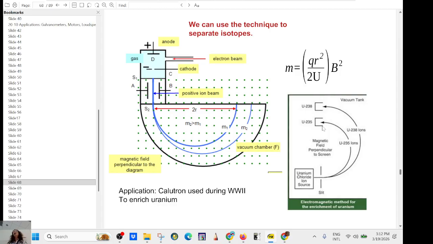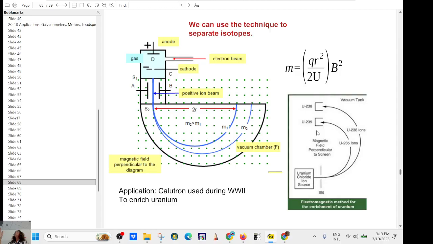And then they changed technology. Okay, but that's how they did it. That was a big breakthrough. It's called a calutron. Uranium-235, that's what you need to make an atomic bomb. You need to have a critical mass of uranium-235 if you want to make a bomb. That's why there is a whole thing about Iran, right?